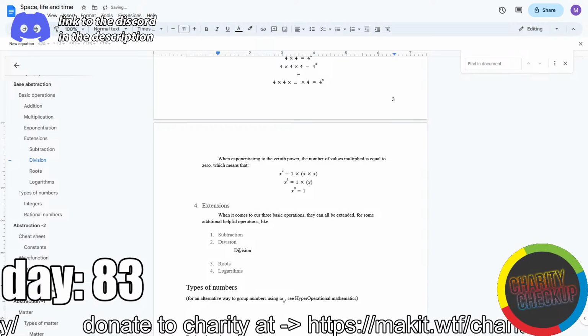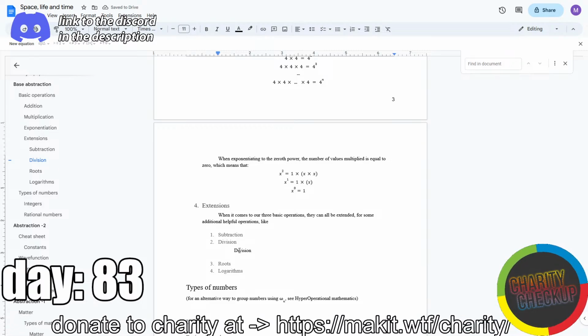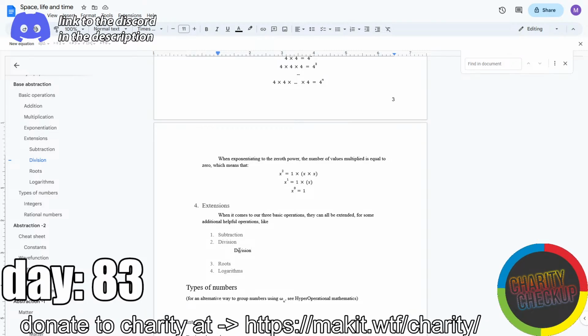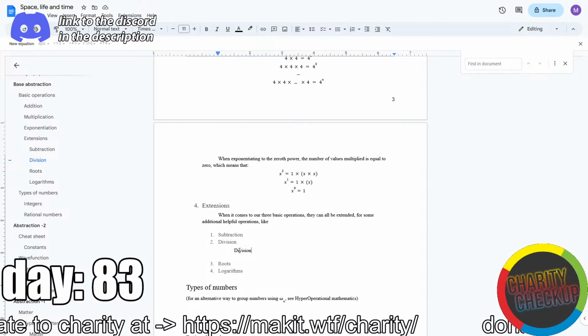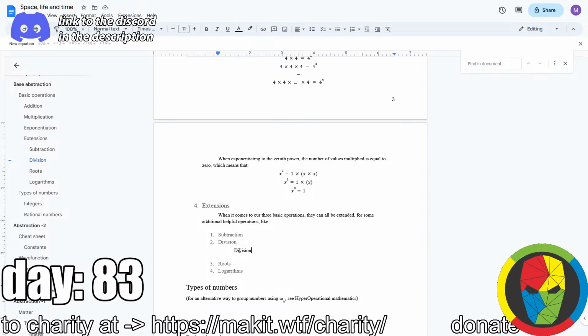Yeah, division I would like to explain twice. First time with a relatively reasonable and easy to understand explanation, and the second time with the actual mathematical explanation.